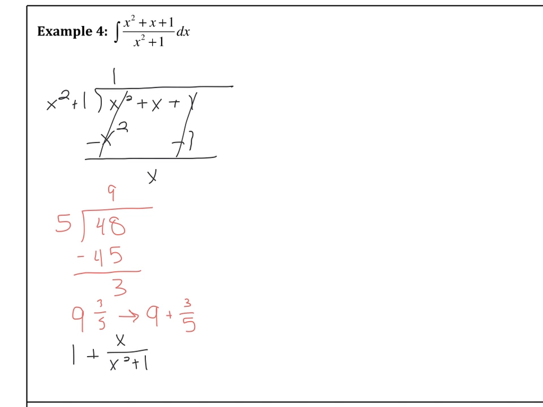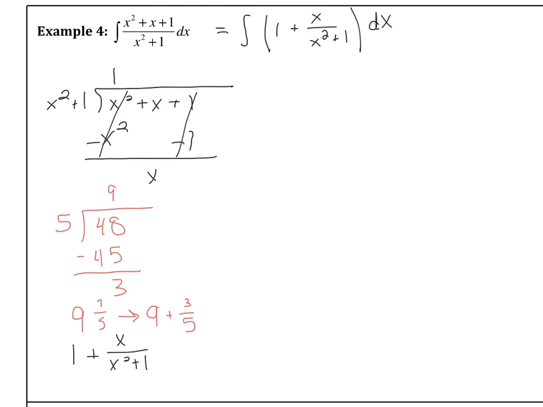So let's rewrite our integrand now. We'll have the integral of 1 plus x over x squared plus 1 dx. And really now we can just take this term by term.